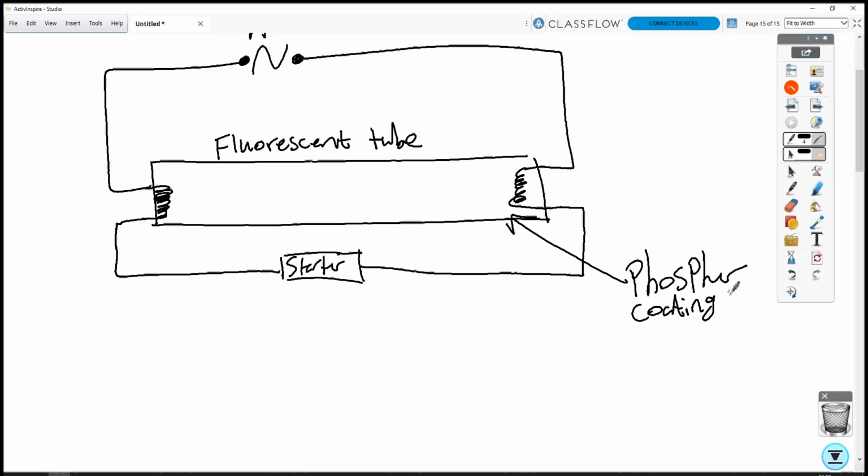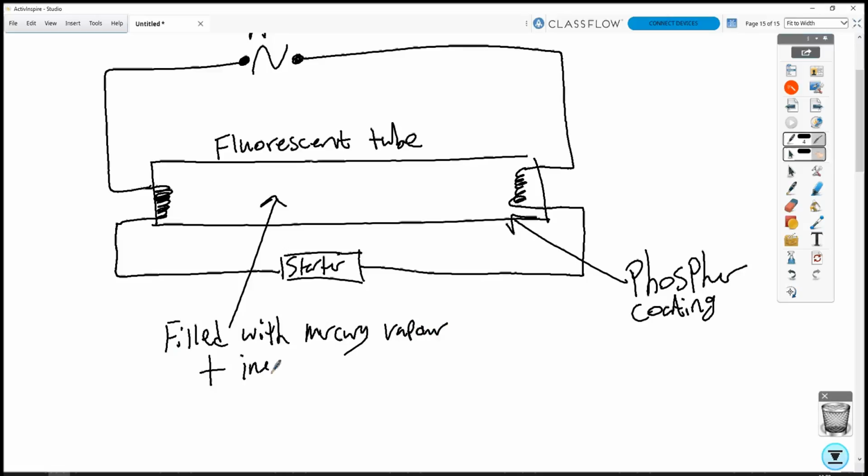Inside the tube, it's filled with mercury vapor, plus some inert gas. Now I'll explain how this actually works.